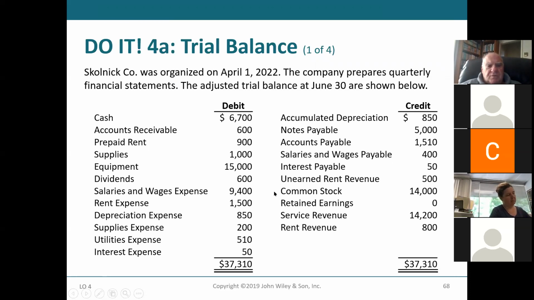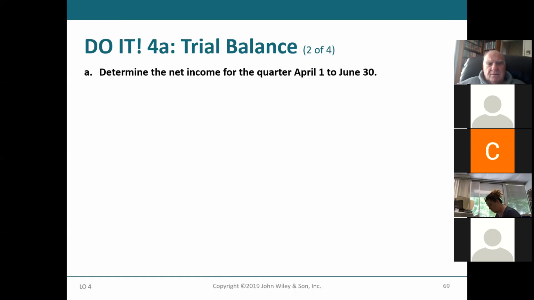Now all we need to do is subtract the expenses. So let's just pick out all the expenses. Minus 9,400 for salaries and wages. We have rent expense, depreciation expense, supplies expense, utilities expense, and interest expense. So we have half a dozen expenses. So it's simply 14,200 minus all those expenses.